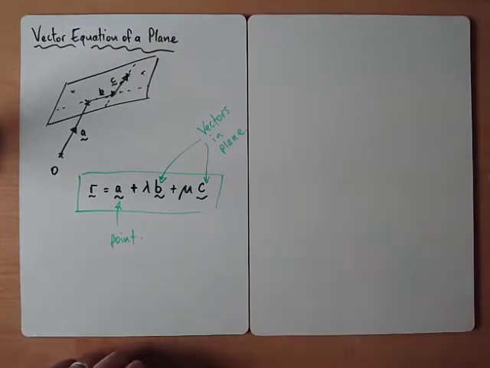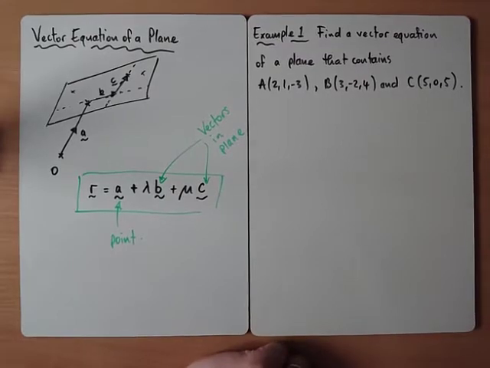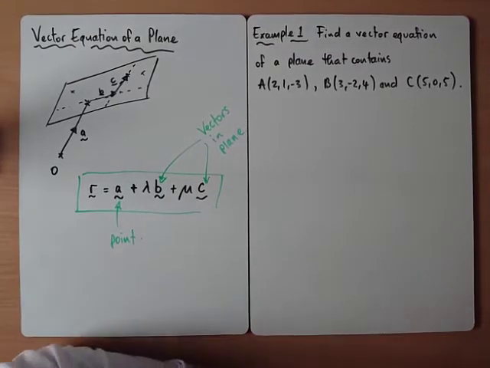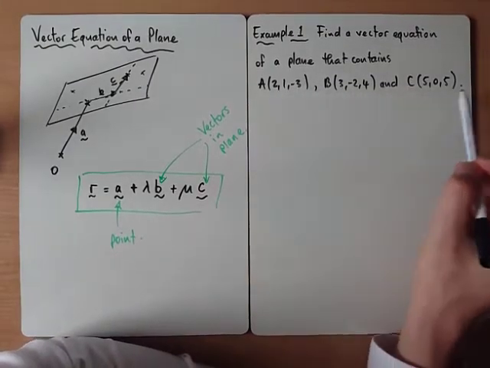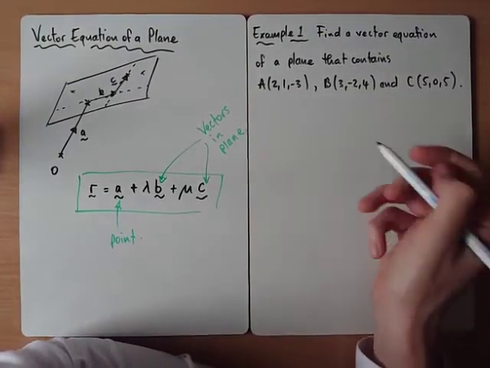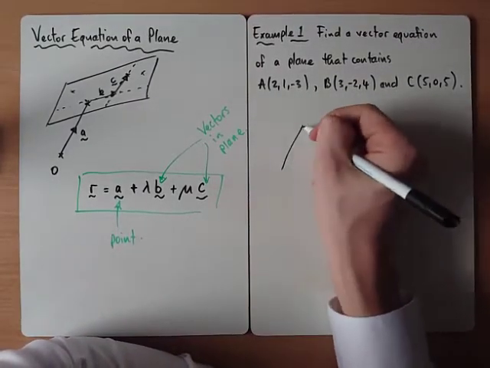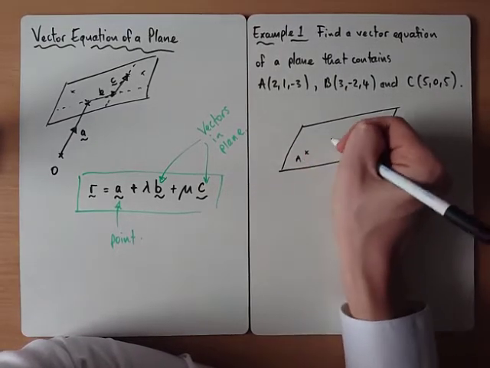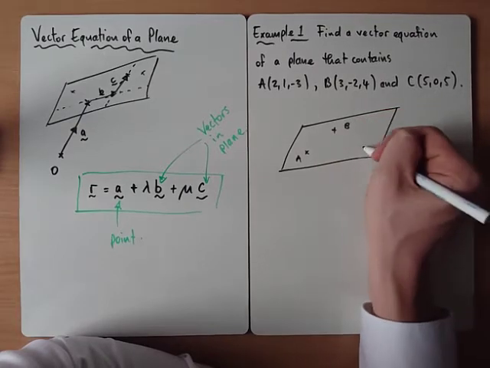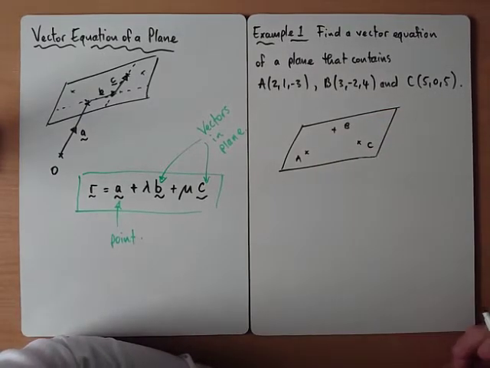Alright, so let's try example 1. Okay, so example 1, it says find the vector equation of a plane that contains these 3 points. Okay, so if you think about visualizing this, we've got a plane, and within that plane, 3 points are contained.